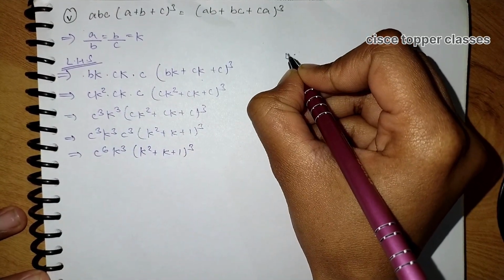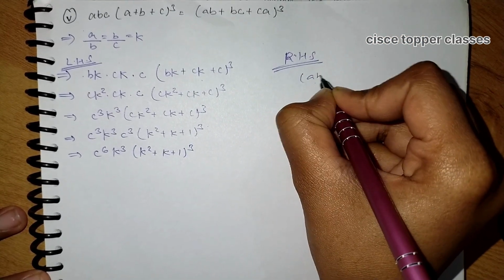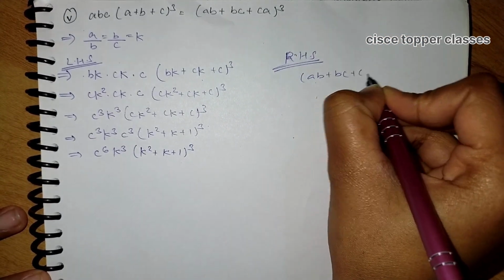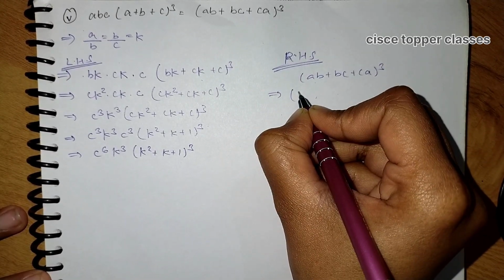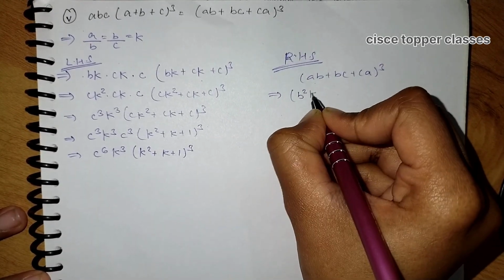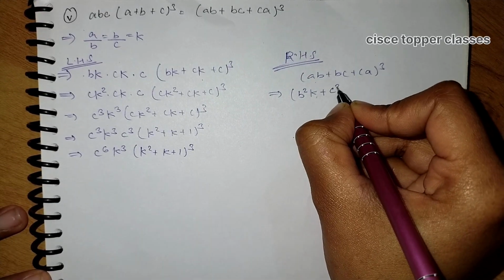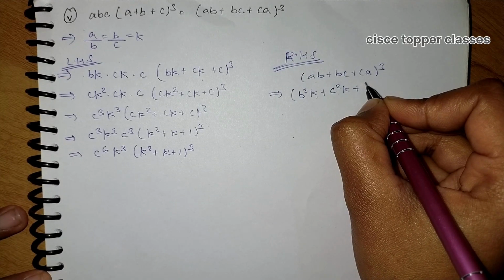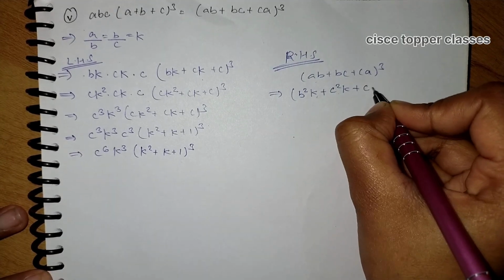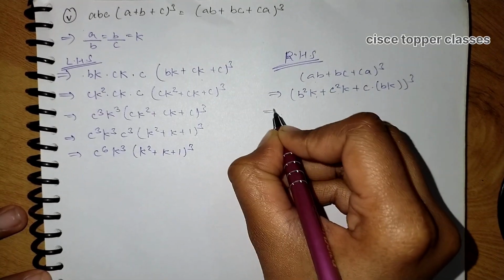If we solve for the RHS part here, that is AB plus BC plus CA, by putting the value here also, A will become B into K. So B square K plus B will become C square K. And then again A will become BK. So it will become C dot BK whole cube.